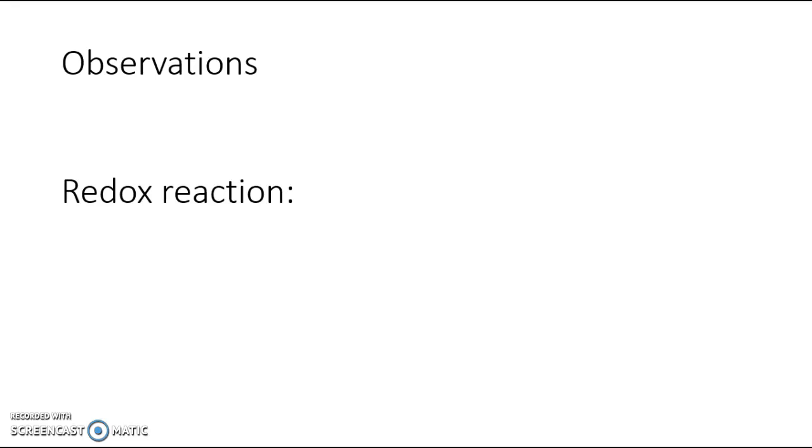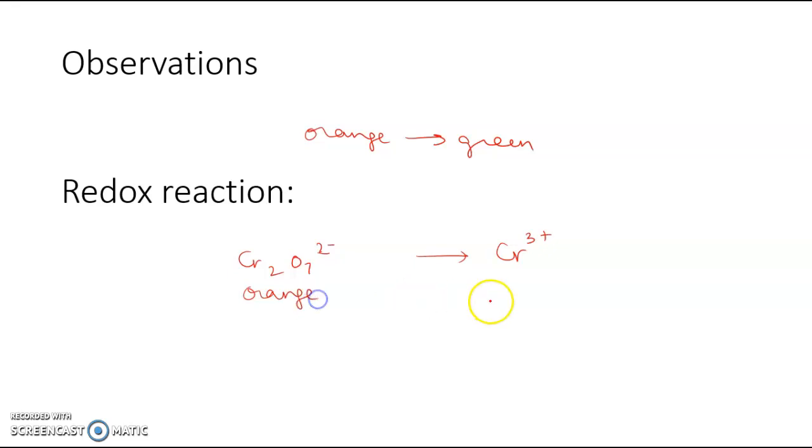So the observation that you see is mainly orange to green. The redox reaction that happens is you start off with dichromate ions. They turn into chromium ions. Therefore, the color changes from orange to green. And if you were to balance this redox reaction, the oxidation state is +6 and then this is +3.